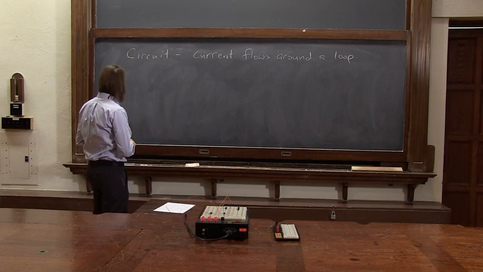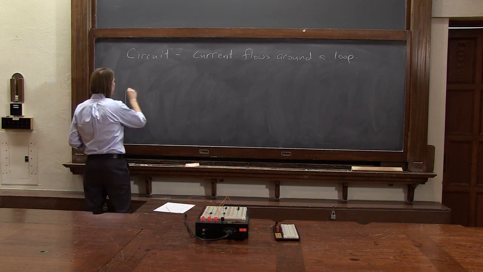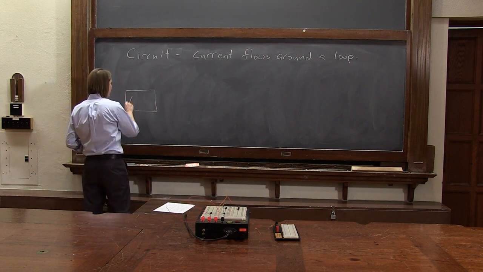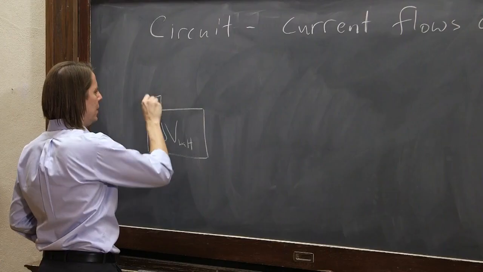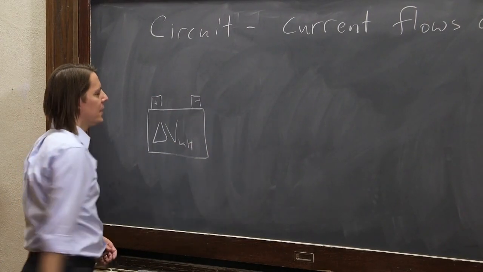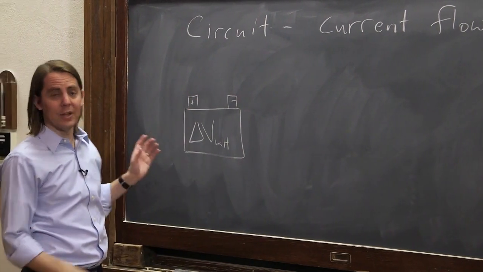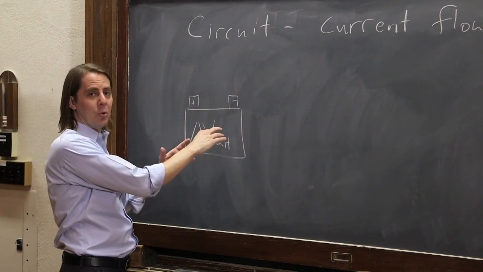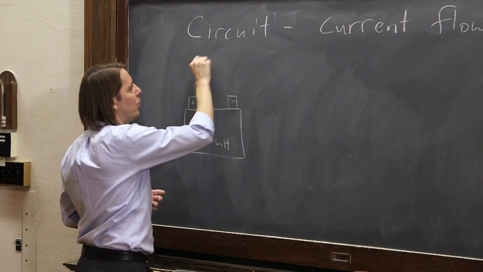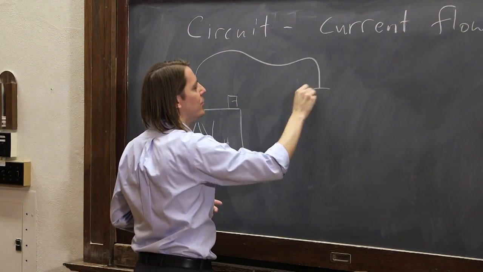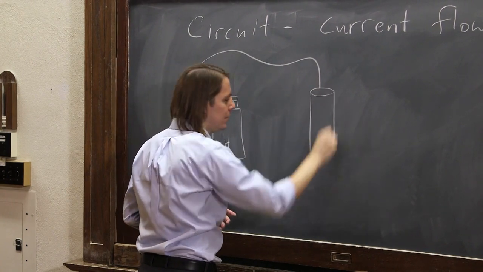If I were going to draw a circuit in the real world, in a little cartoon world I live in as a physicist, I would draw something like this. Here's a battery. It's got a positive and a negative terminal. That's where the battery does its electrochemical work to make current flow from one side to the other. It's probably got some wires on it, and I would want those wires to eventually go to something.